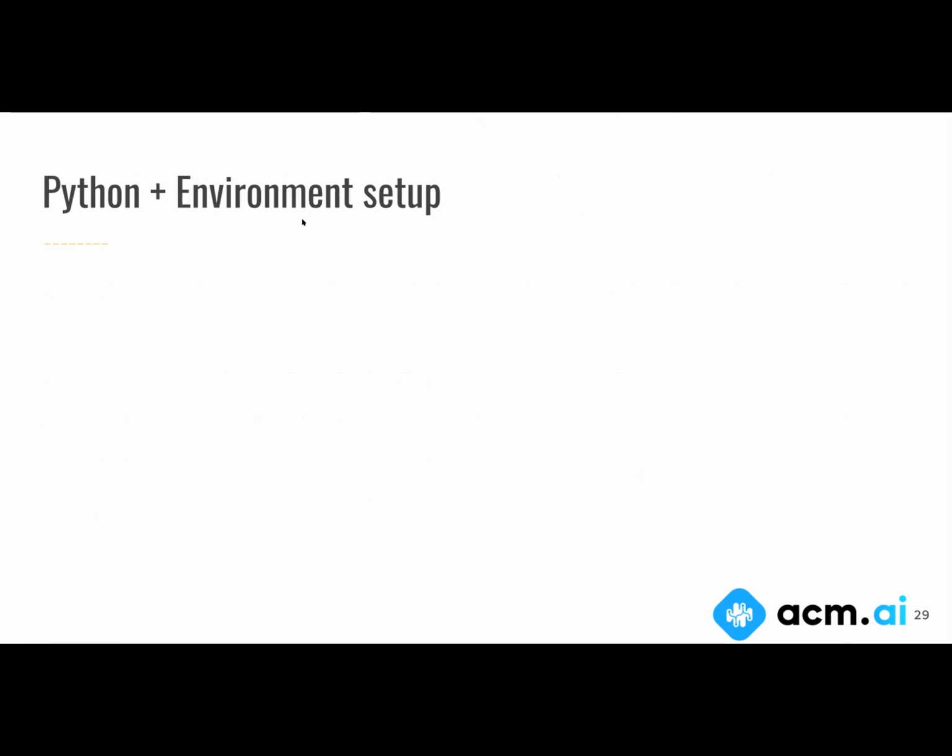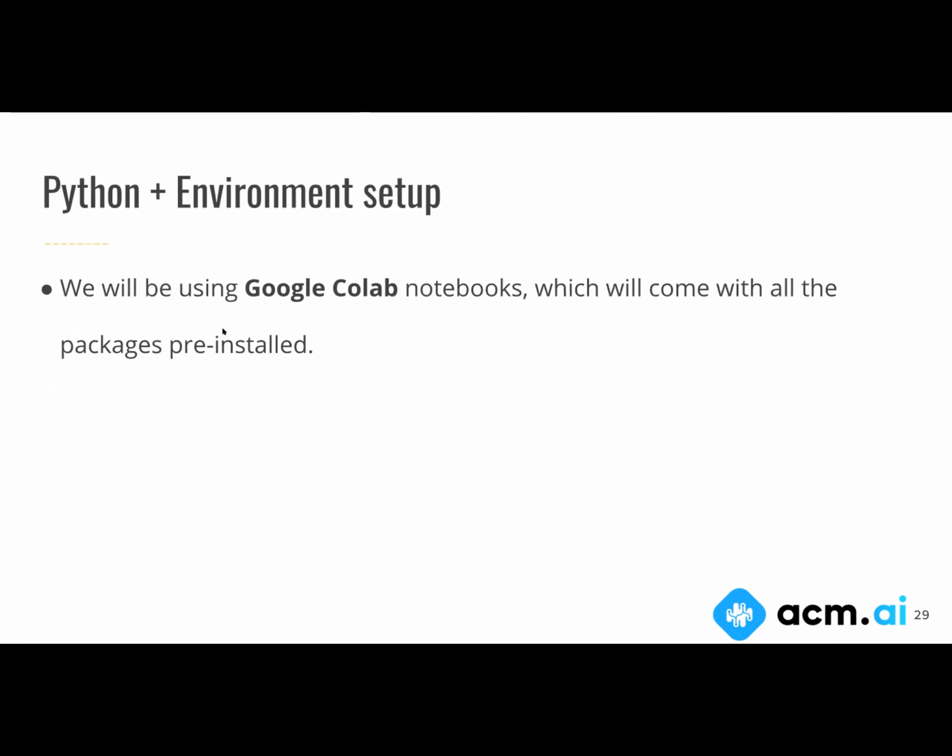A lot of you guys asked about Python and which platform to use on your local computer. We'll actually be using Google Colab notebooks, which is the online service provided by Google, which comes with all the packages pre-installed. Google Colab is particularly good because you can collaborate with people in real time, kind of like Google Docs.